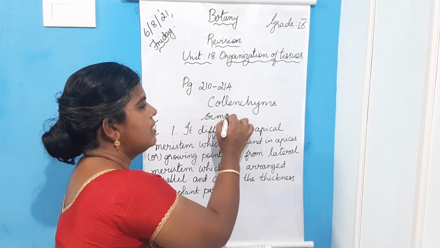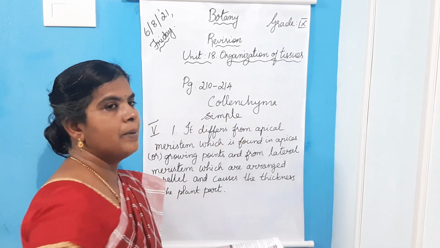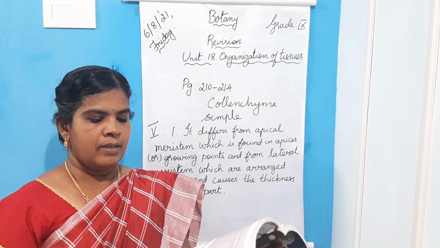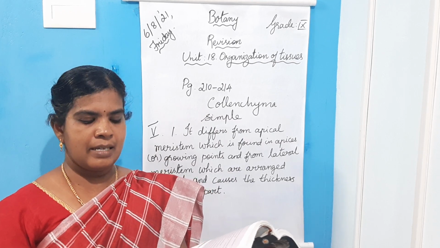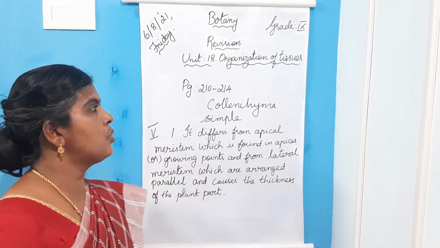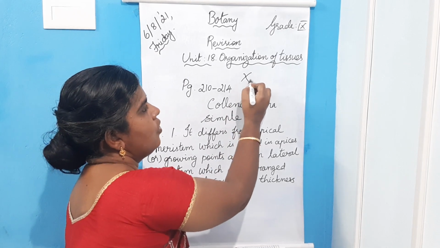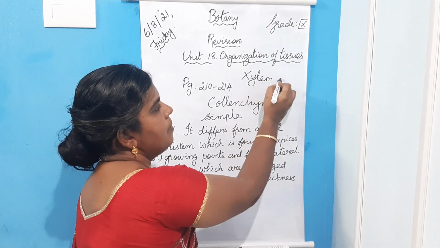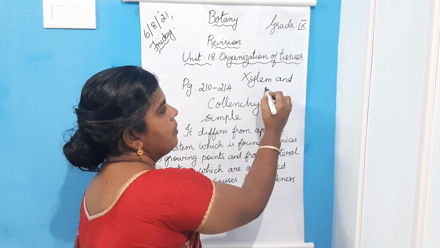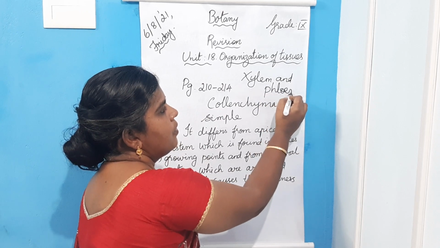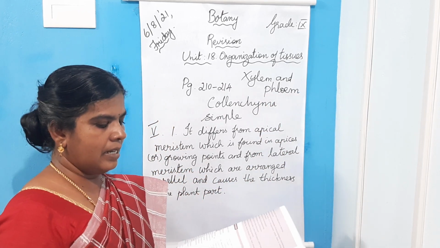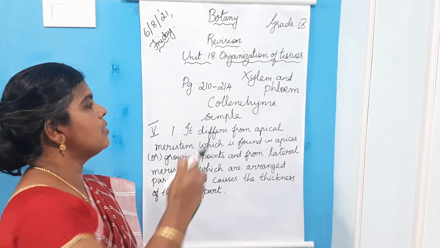Simple. Then third one, dash and dash are complex tissues. Xylem and phloem.